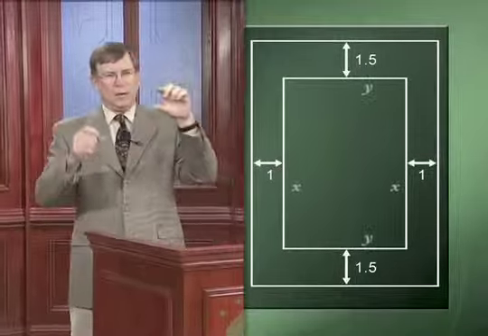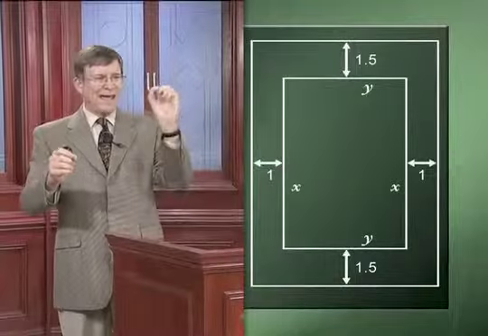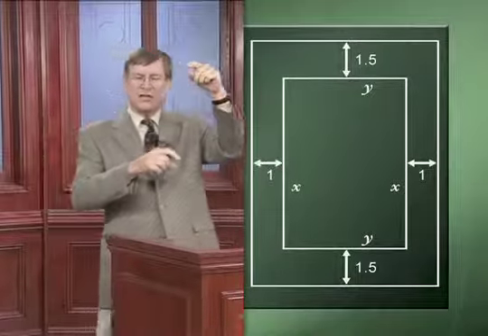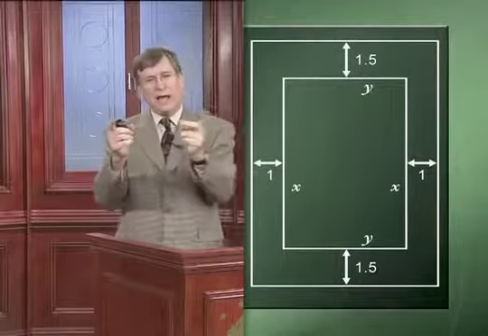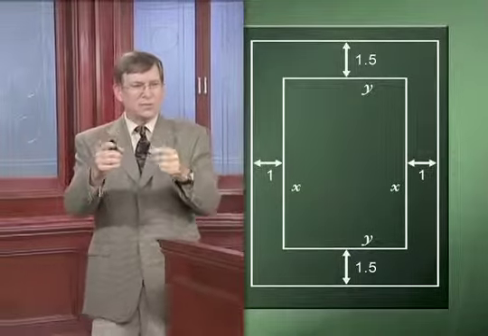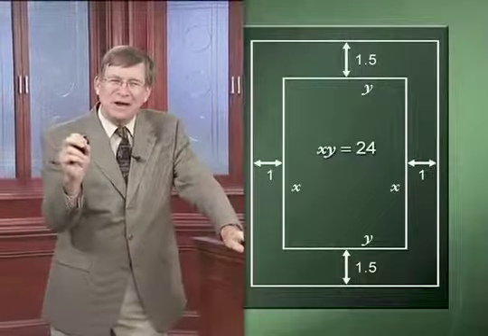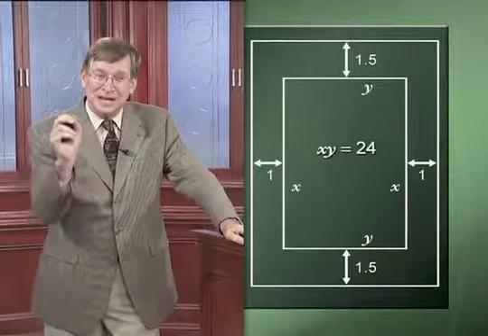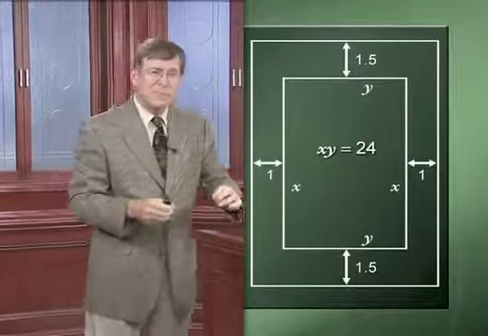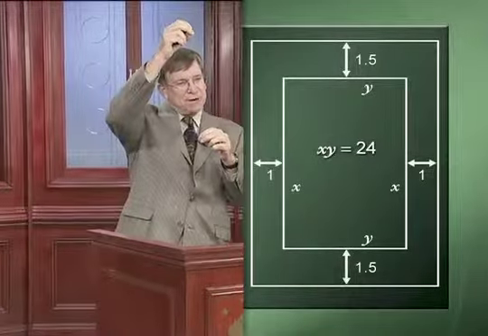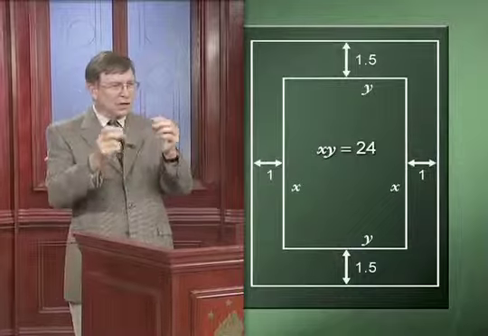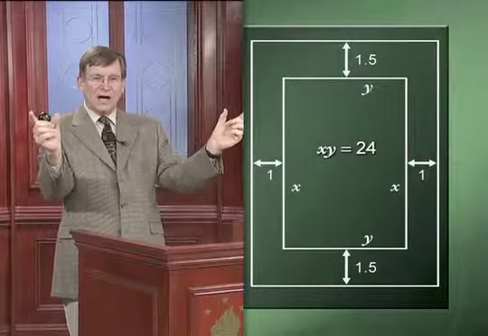I'm going to label the printed part X by Y. So X is the vertical length of the printed part of the paper, and Y is the horizontal length. So I know that X times Y is 24, don't I? That's my fixed condition. And then I have these margins. So it's 1.5 inches above, 1.5 inches below, and 1 inch on either side.